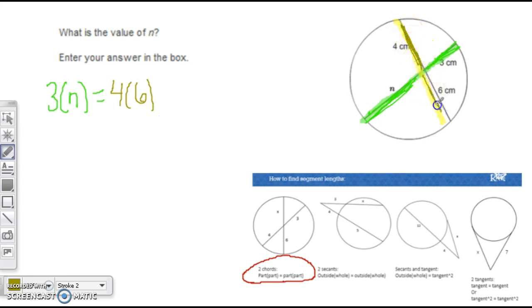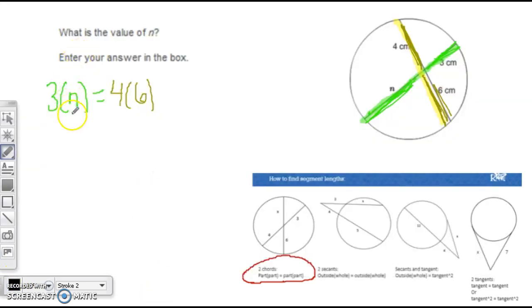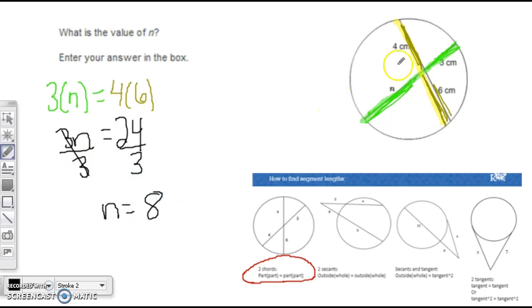That's one part of the yellow chord, and that's the other part. And then it's a nice, simple equation for us to solve. 6 times 4 is 24. 3 times N is 3N. Divide each side by 3. And this segment would be 8 units long. So there we go.